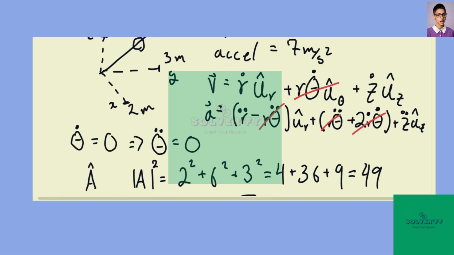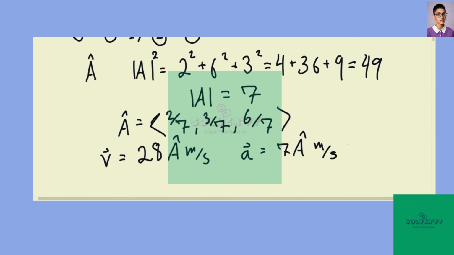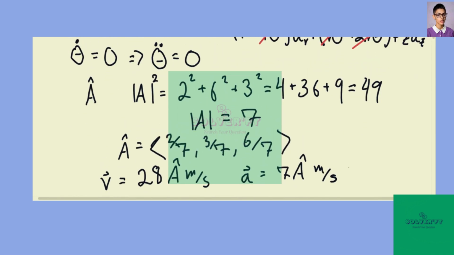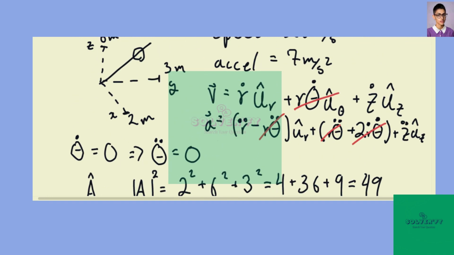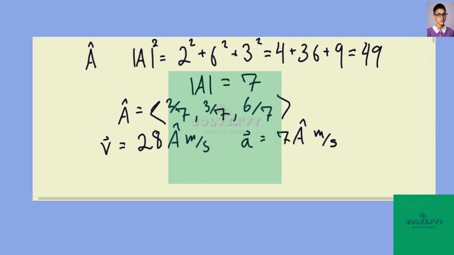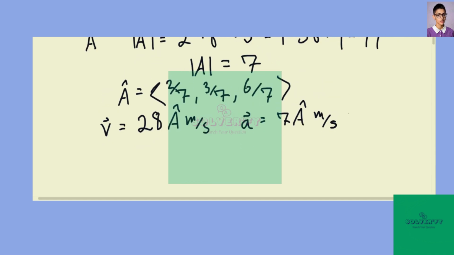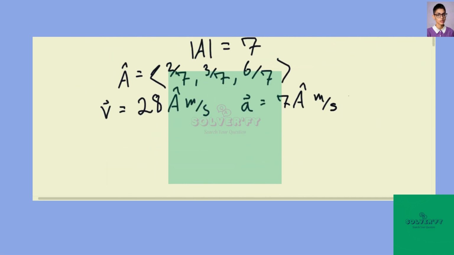And so we can already find the z components of this. So z dot is just going to be 28 times 6 over 7. And similarly, z dot dot is just going to be our acceleration, 7 times 6 over 7. But to find the r component, we're going to have to do a bit more legwork.